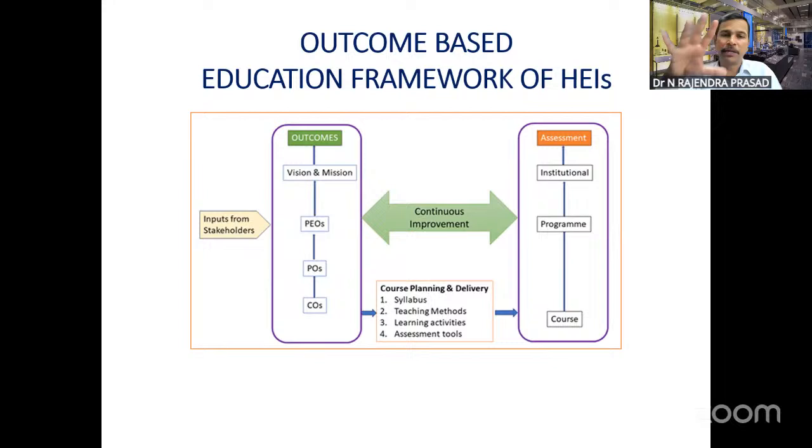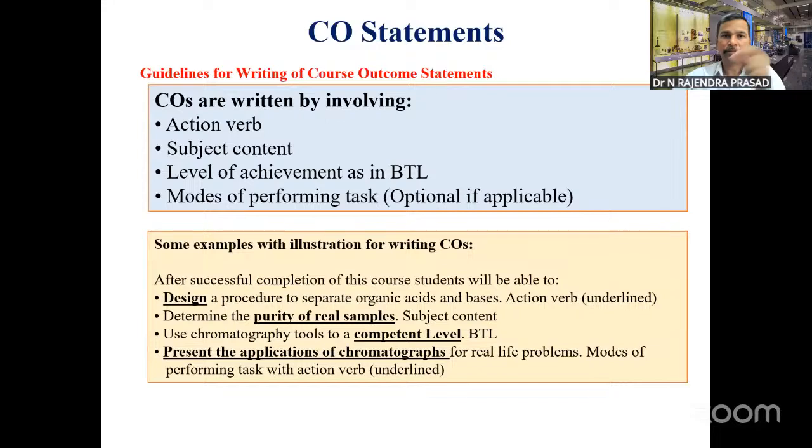In the board of studies, you have the industry experts. You will have the alumni. They give the inputs: what type of curriculum you have to offer for the BA degree, BSc degree, etc. These inputs are very, very important. Why? In order to improve the performance continuously. That is known as continuous improvement.